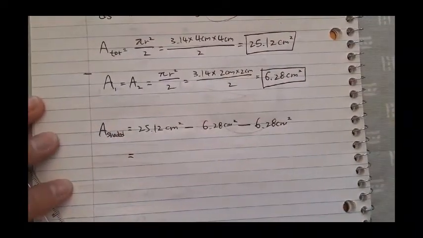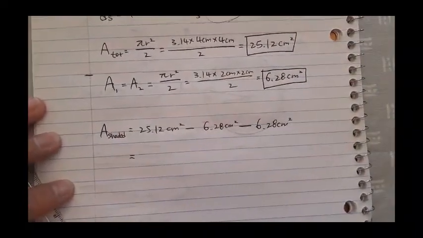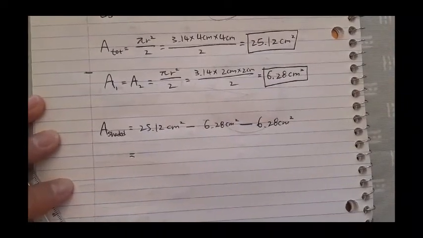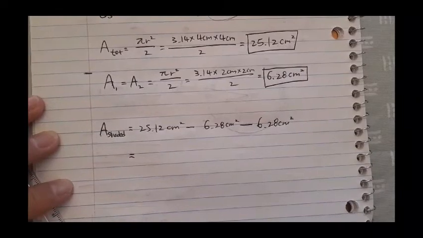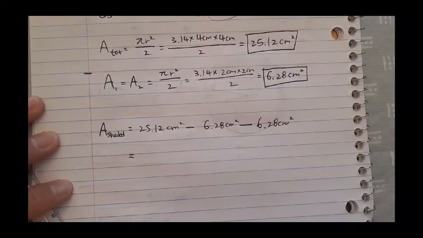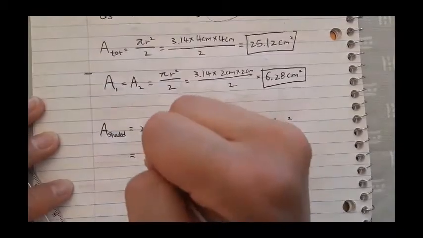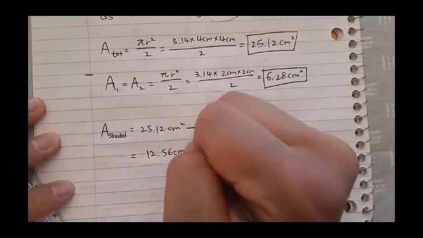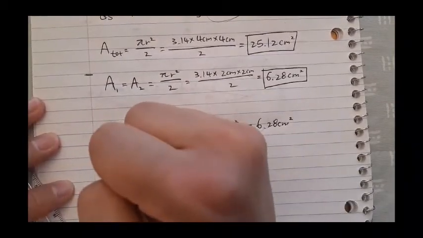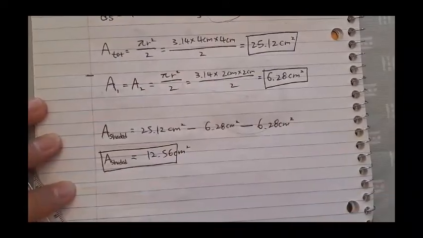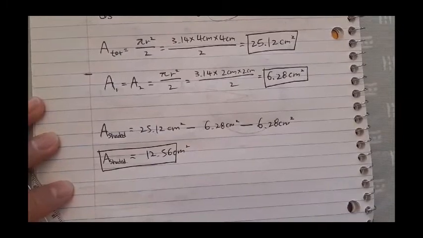And that'll be my final answer. So 25.12 minus 12.56, the shaded area is 12.56 centimeters squared.